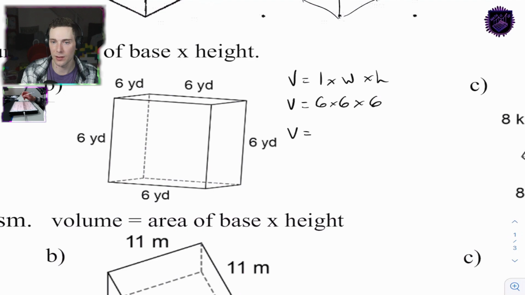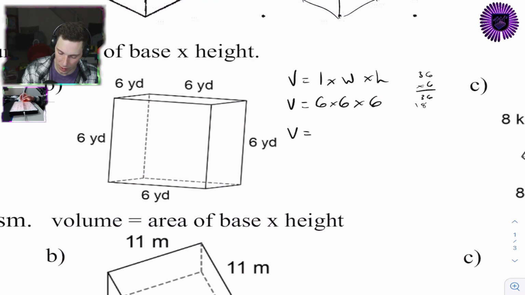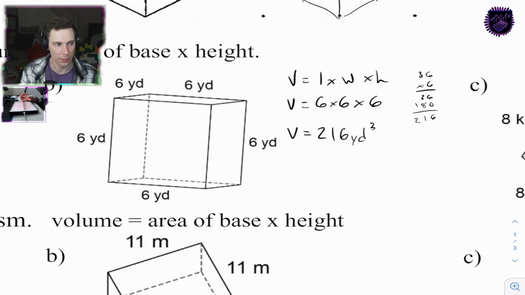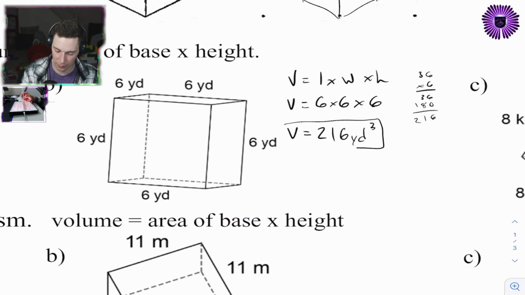What's 36 times 6? 36 and then 180, add those together, 216. Our volume will be equal to 216 yards cubed. That's our answer.